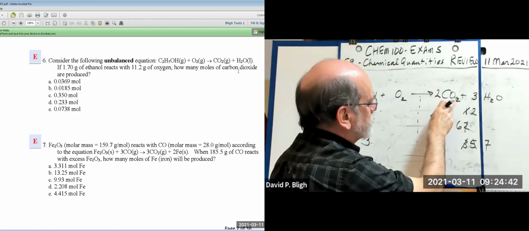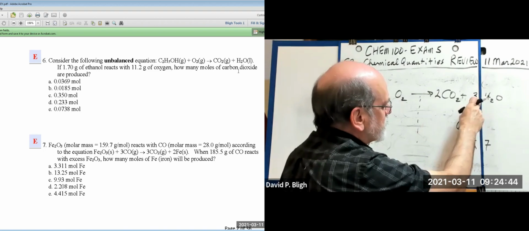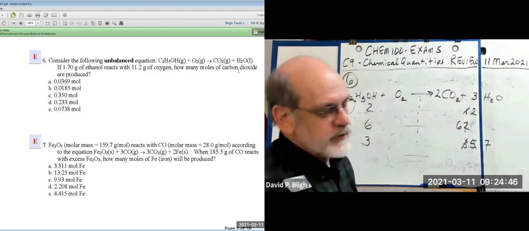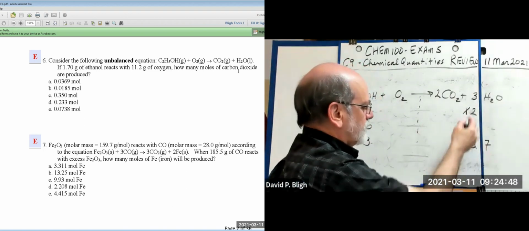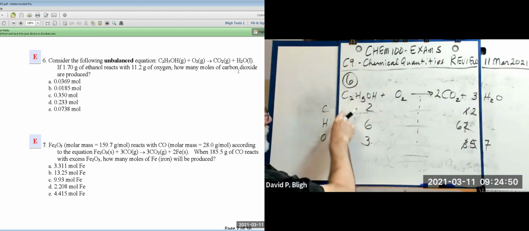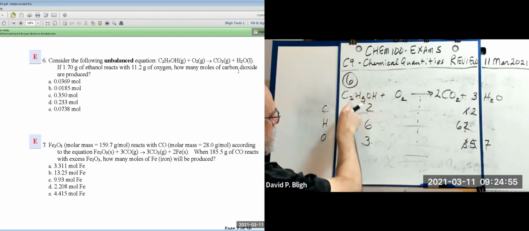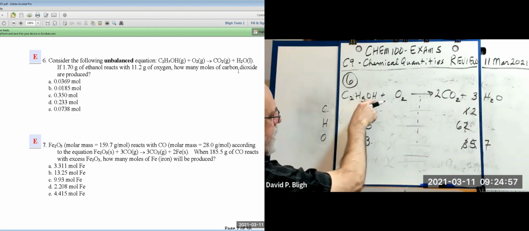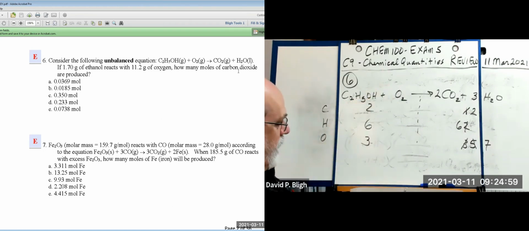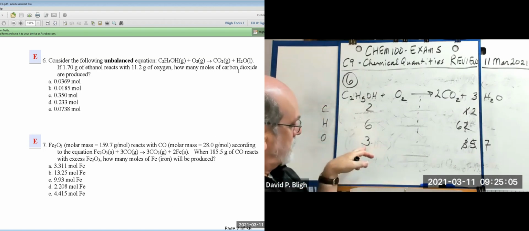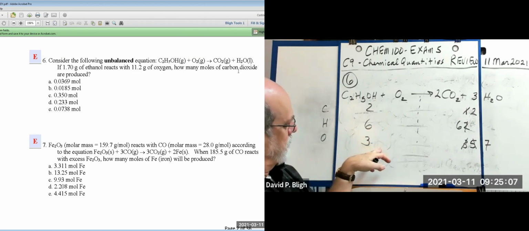2 plus 4 is 6. Plus 6 is 12. Oh, plus 3 is 15. Okay, that's good. So we've got carbon and hydrogen balanced. We need to balance oxygen. We need 3 total oxygen.